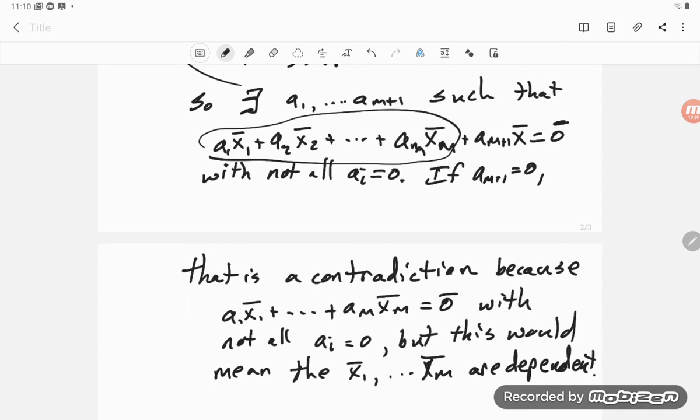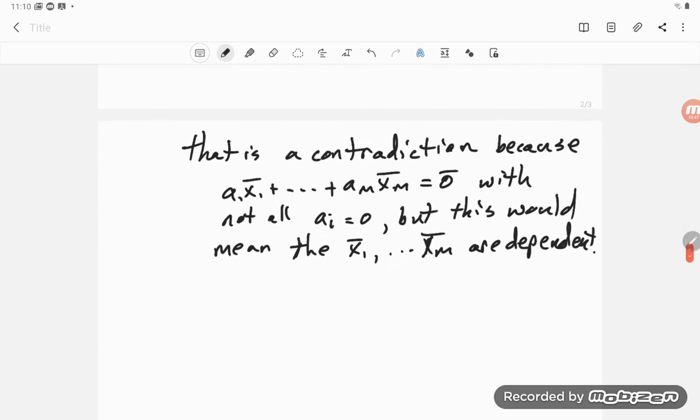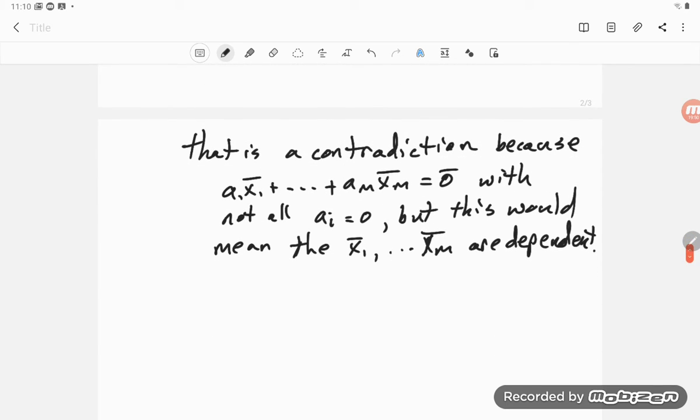We assume they're independent. And so that's a problem. That can't be what happened.